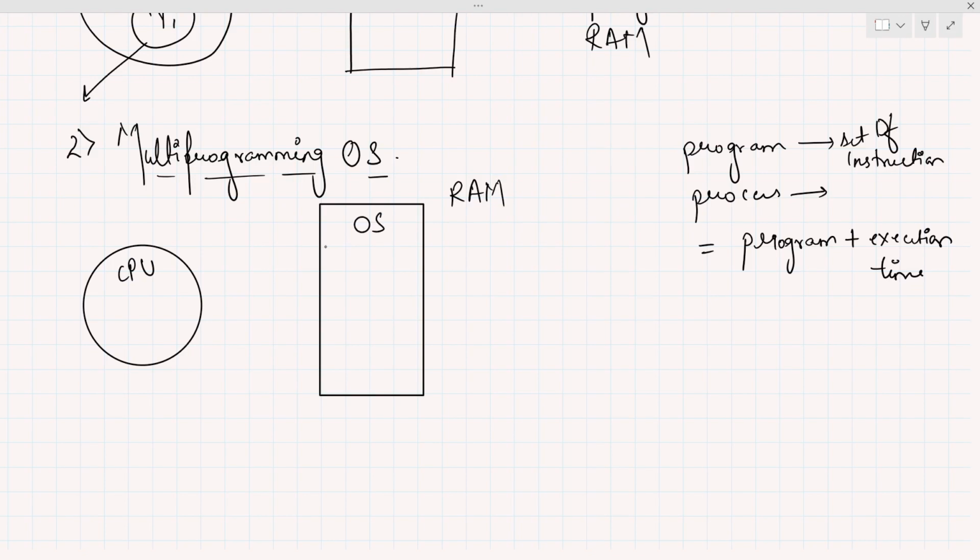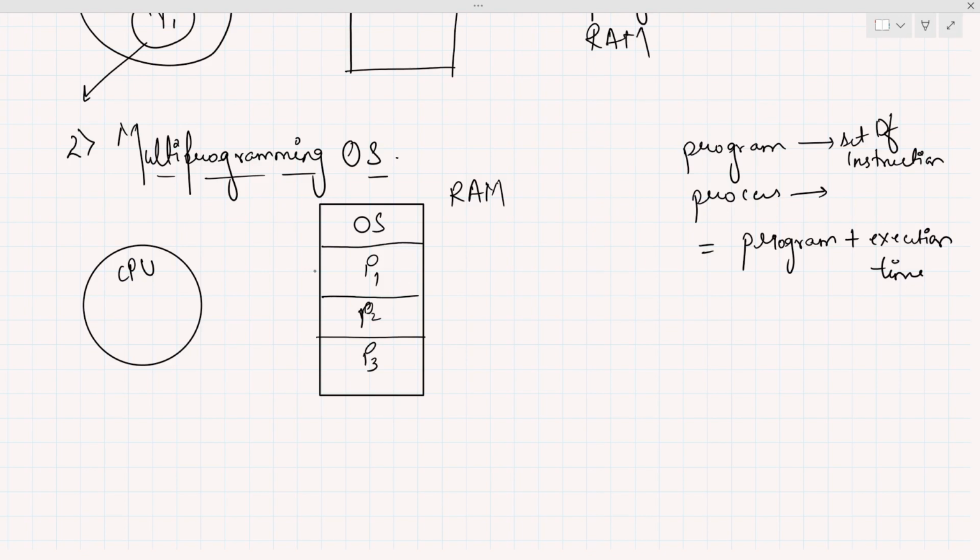The operating system is definitely there, and after the operating system we have so many programs, P1, P2, P3, depending on the size of the main memory. Those are the programs placed in this RAM. The operating system is responsible for taking so many programs at a time into this main memory.